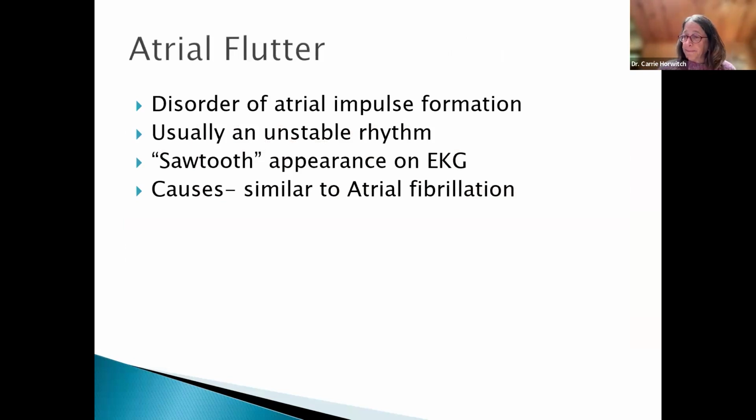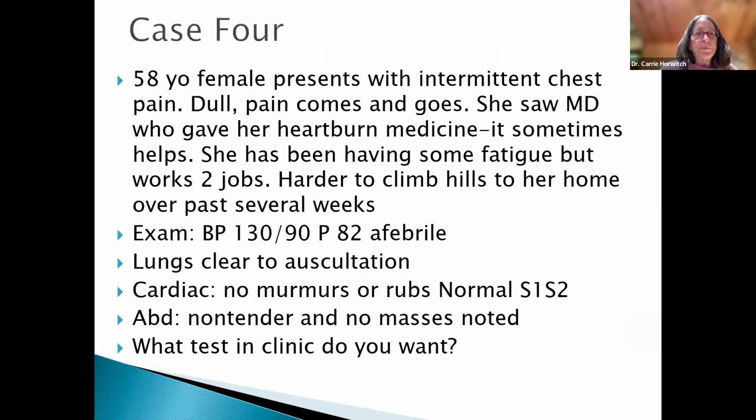Okay, next slide. We'll go to case 4. A 58-year-old woman comes in. She's got intermittent chest pain. She notes that it's kind of dull, comes and goes. She saw a physician who thought she had heartburn because it started down here in her belly and moved up. The heartburn medicine helped a little bit, but she's also been feeling a lot more tired.